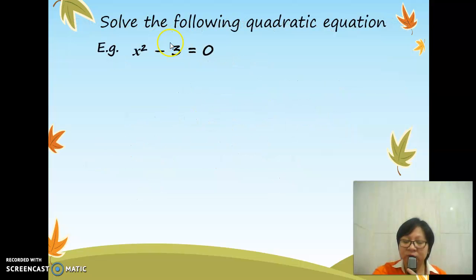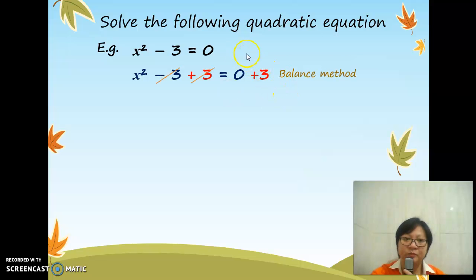What about if the instruction is not asking you to use the factorization like this, solve the following quadratic equation? Well, we can use this balance method. So I want to eliminate negative 3 by put positive 3 on the left side of the equal sign.